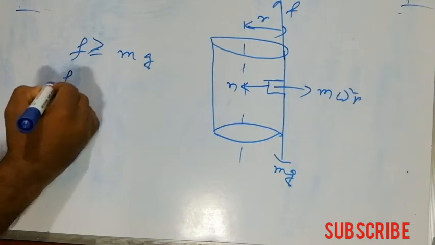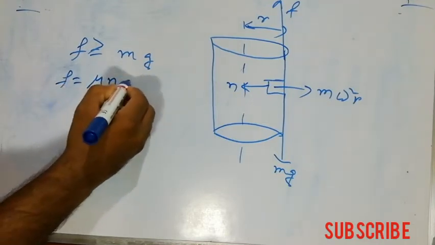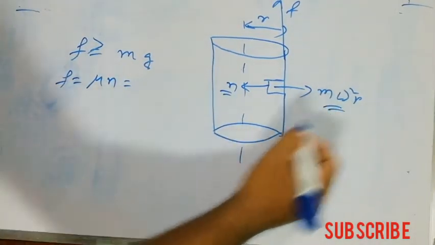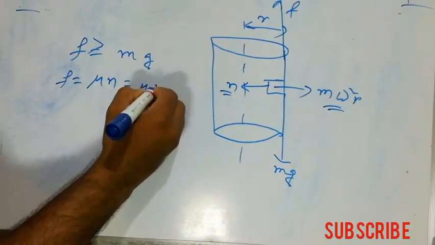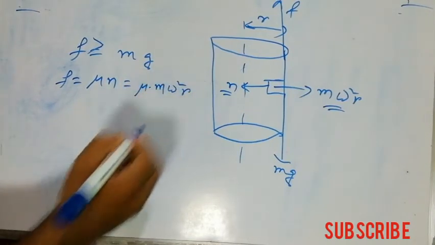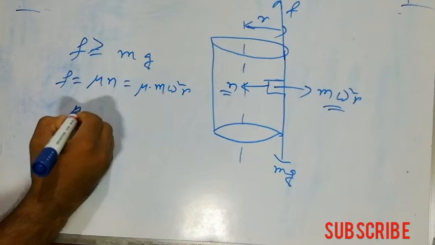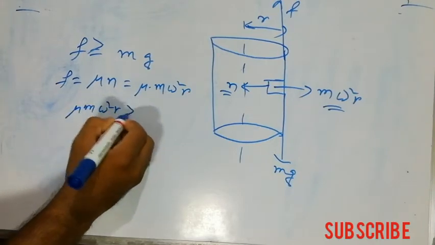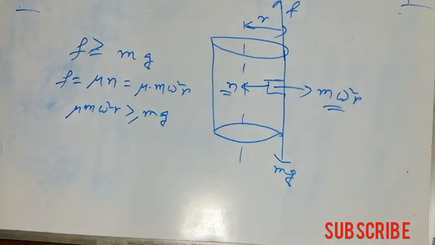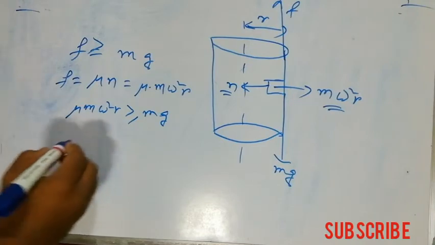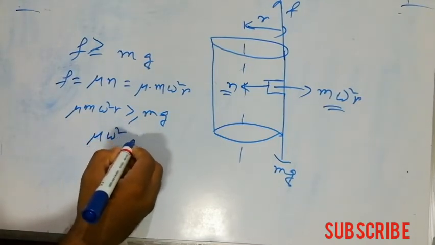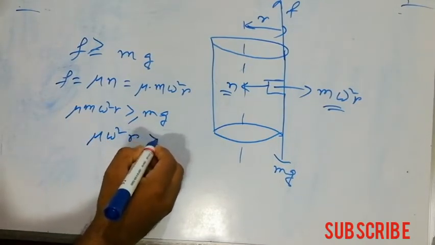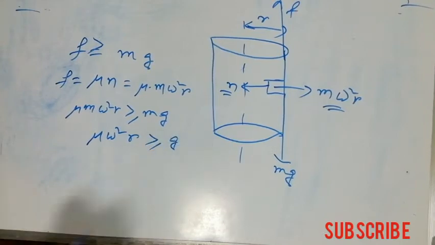Again, we know that F is equal to mu into N, and here N is equal to m omega square r. So mu m omega square r is greater than or equal to mg, or mu omega square r is greater than or equal to g.